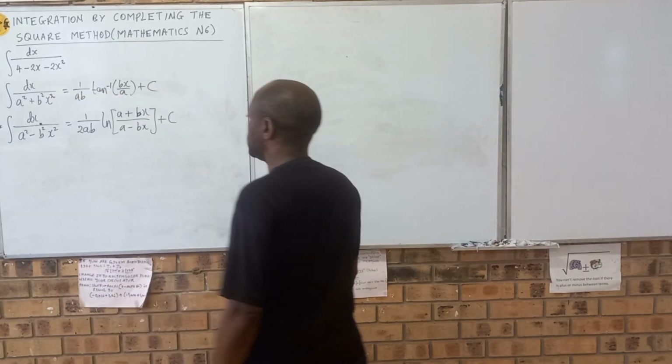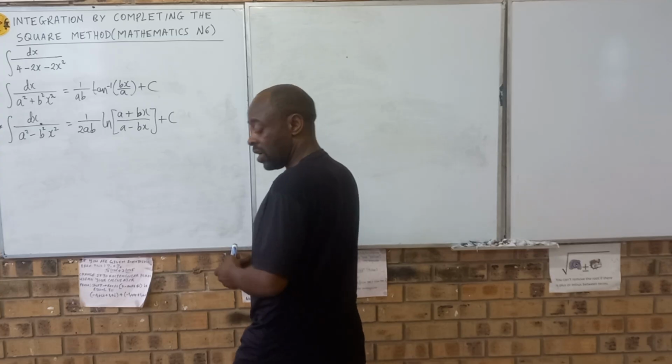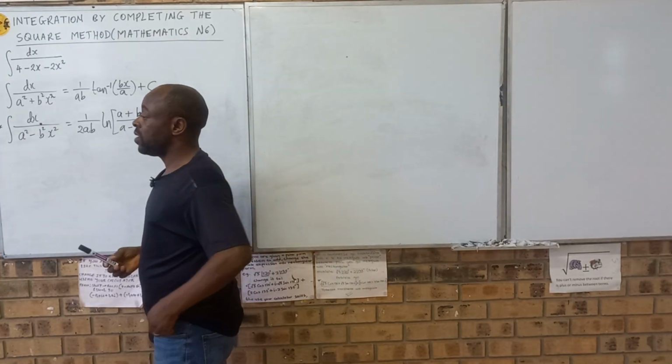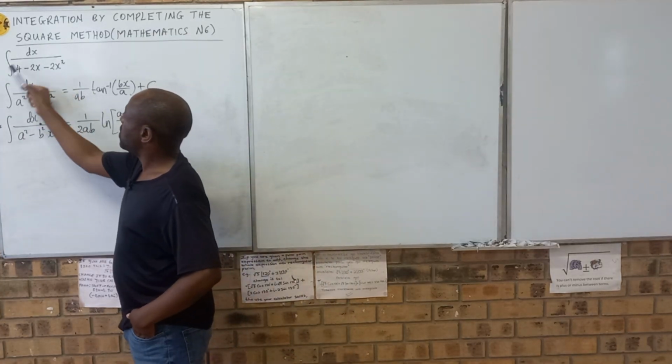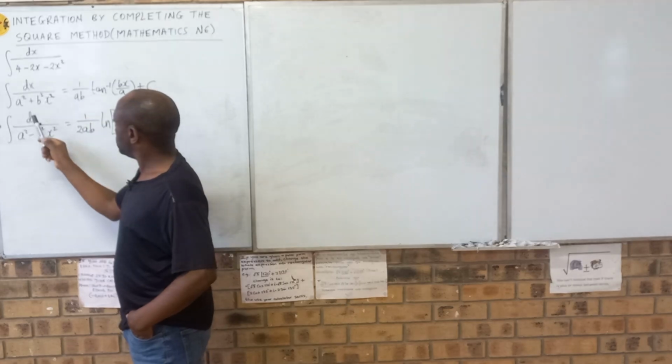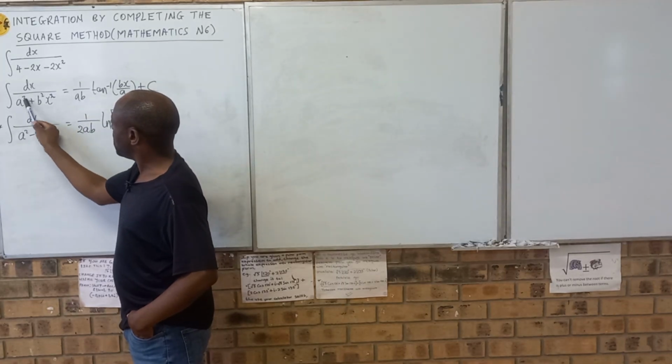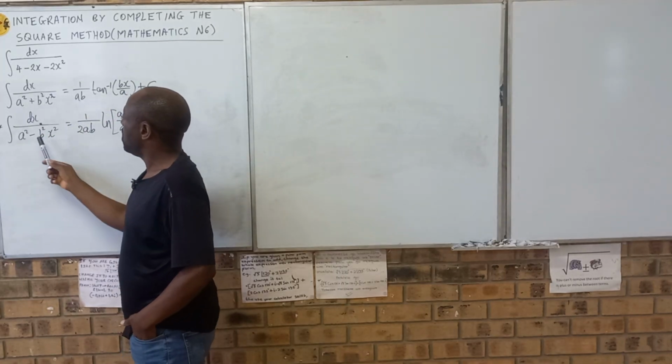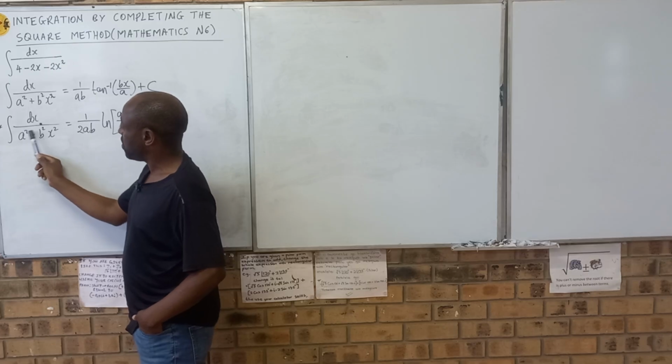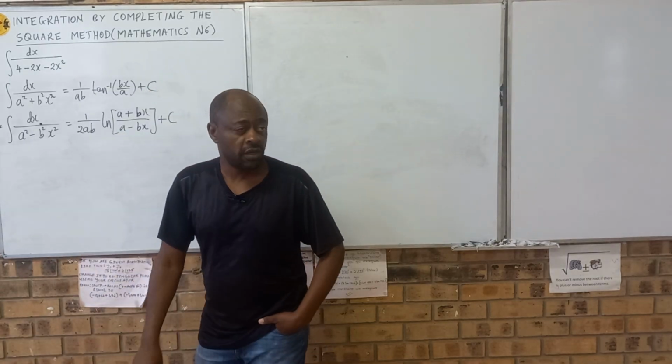I've picked my possible formulas, so the formula I'll finally settle for will depend on how my computing the square process ends. If it resembles this with two terms having a positive sign, then I'll go for the first. If it resembles this with two terms separated by a negative sign, I'll go for the second.